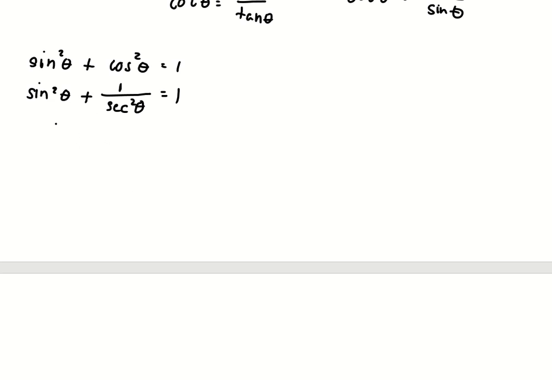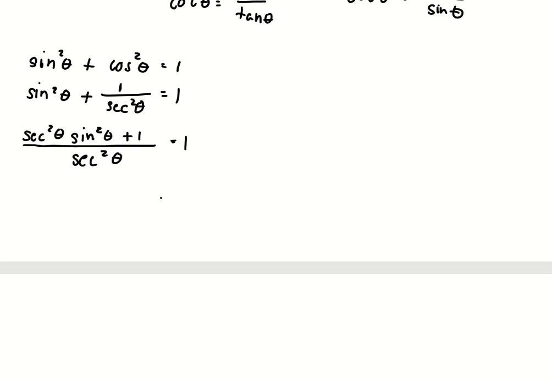The least common denominator of these two terms is secant squared theta. Secant squared theta divided by 1 is secant squared theta times sine squared theta. That's what we write here: secant squared theta sine squared theta plus 1 equals secant squared theta.